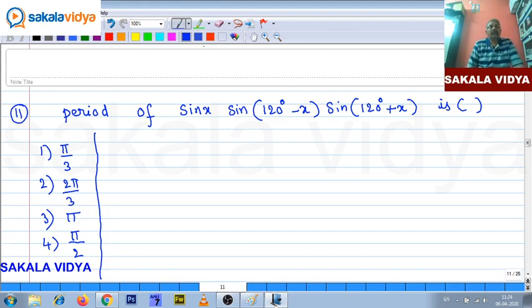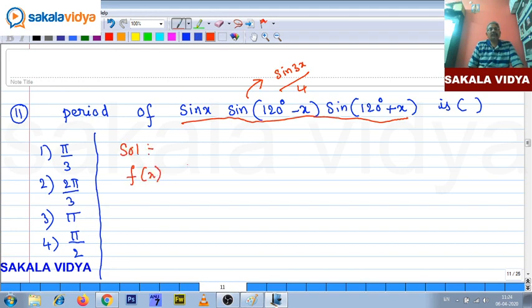Okay. Now the period of sin x into sin 120 minus x into sin 120 plus x. From the multiple and submultiple angles, this is equal to sin 3x by 4. So the given function is nothing but 1 by 4 sin 3x.